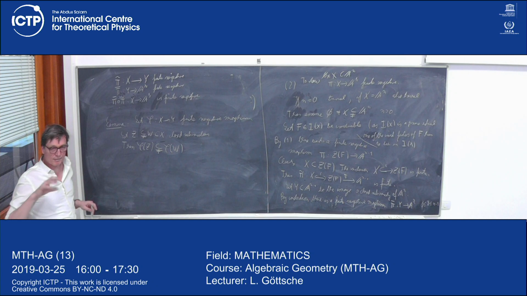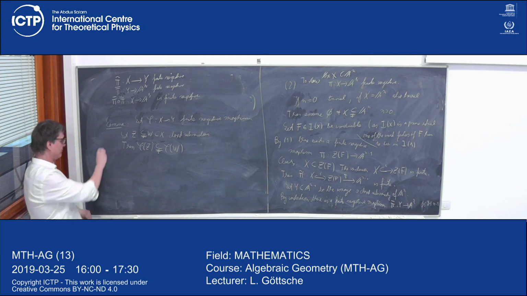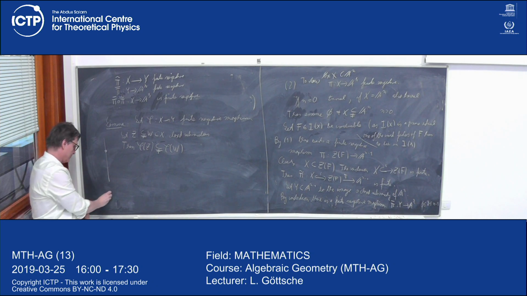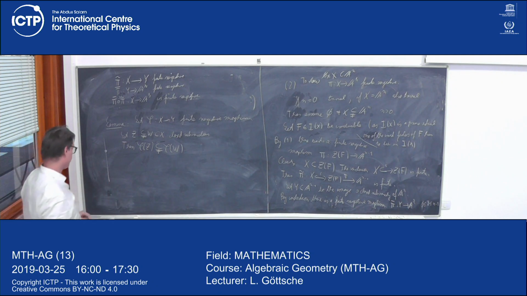And normally if you have a map, this happens all the time. If there's a fiber, and you have points in the fiber, they are mapped to the same thing. And so this will imply that all the fibers are finite, right?